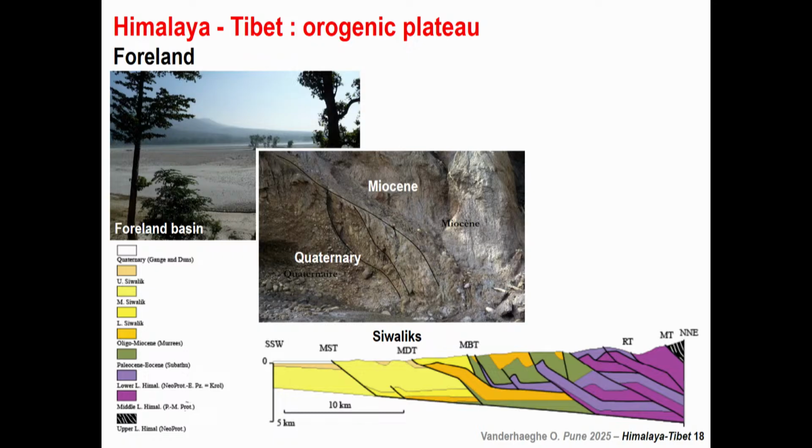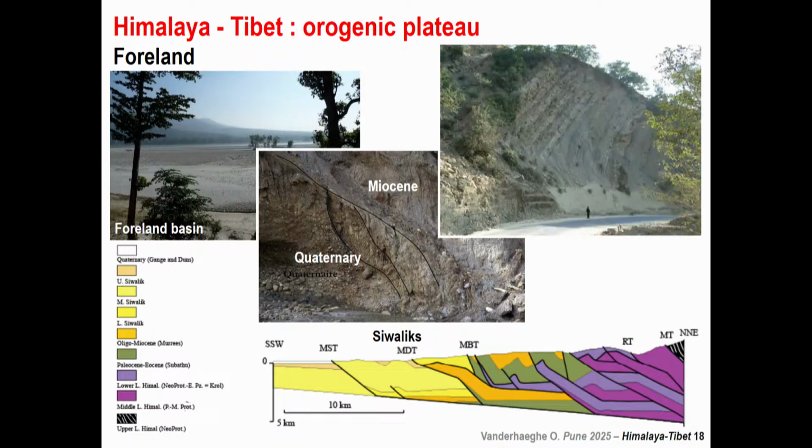And then as we go inland into the orogenic belt, then the thrusts start to pick up the sedimentary cover deposited on the basement. That's it. Here we have the Miocene, and boom, the Tethyan sediments thrust over the Miocene.